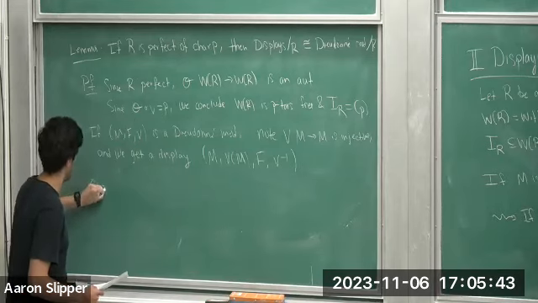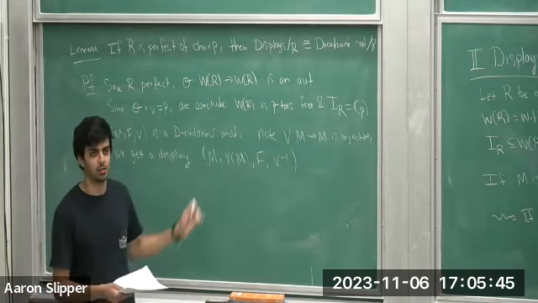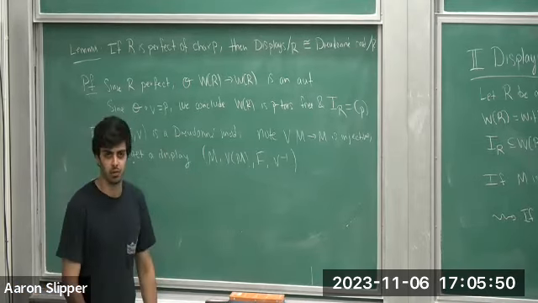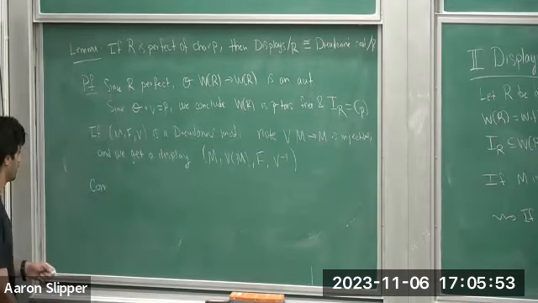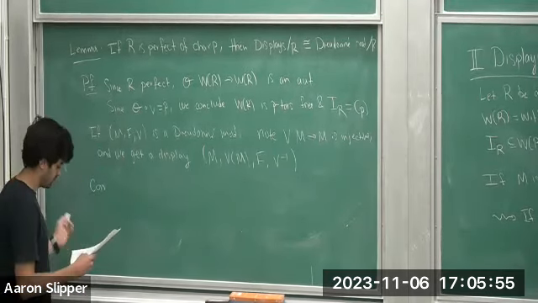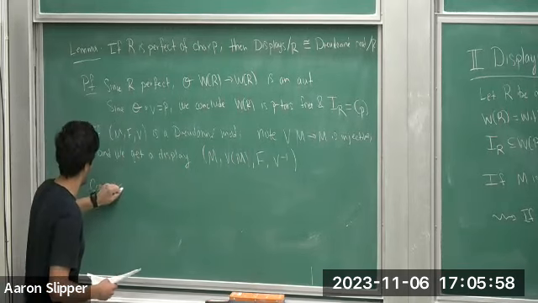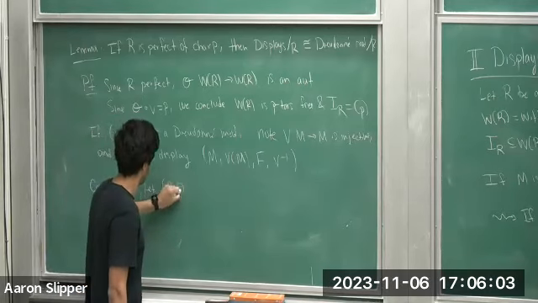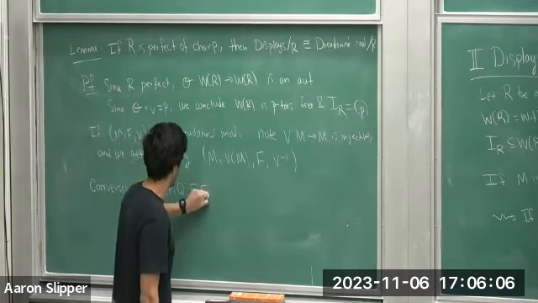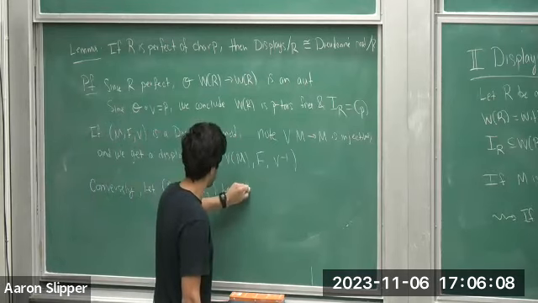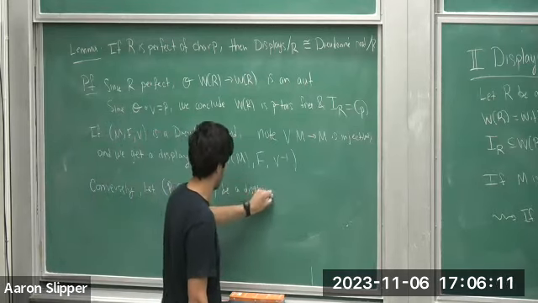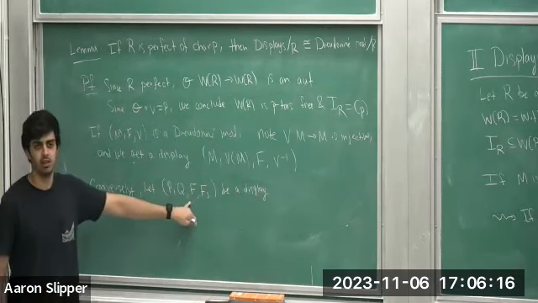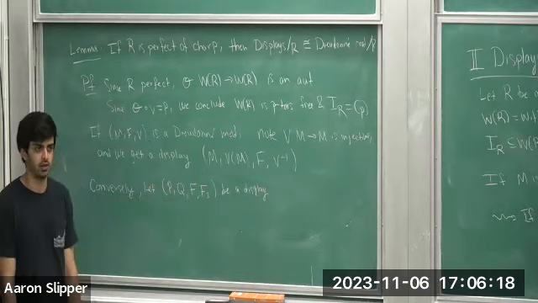We already have the module and the Frobenius, so it really just remains to define the Verschiebung.